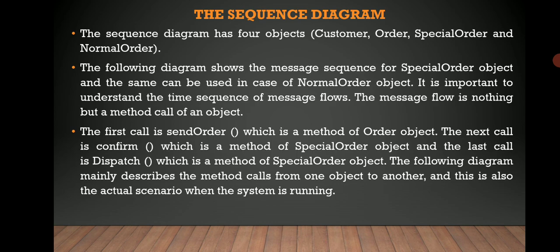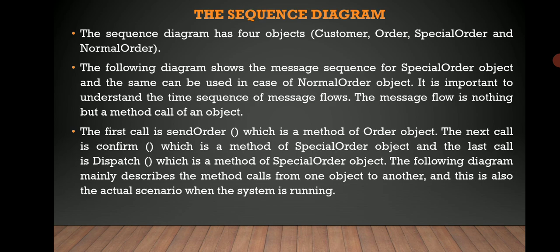The message flow is nothing but a method call of an object. The first call is the send order method, which is a method of the order object. The next call is confirm, which is a method of the special order object. And the last call is dispatch, which is a method of the special order object.